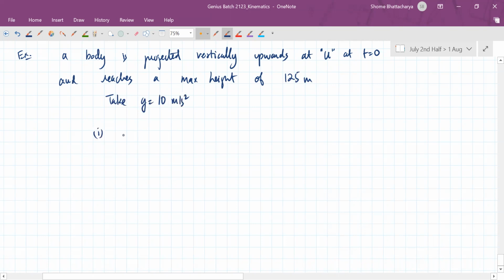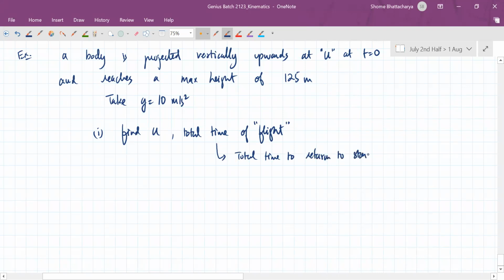So first of all, find the initial velocity, and the total time of flight. This is just a term that is used. What we mean by total time of flight is basically total time to return to starting point. That is what is generally meant by the term total time of flight. So capital T that we have to find.